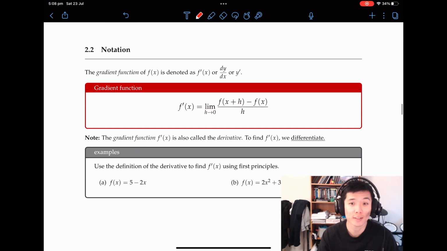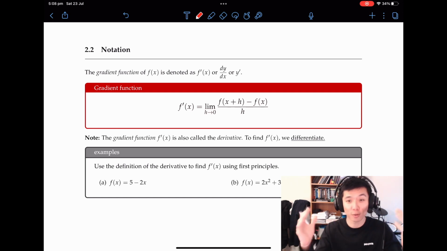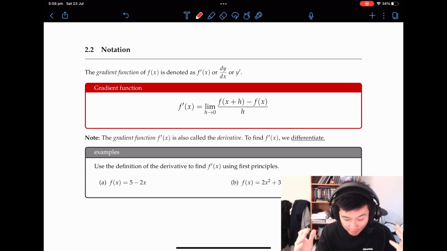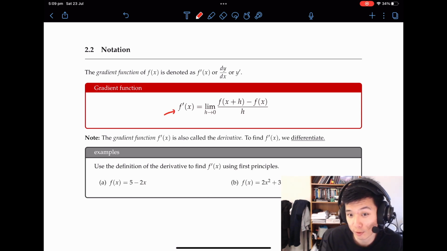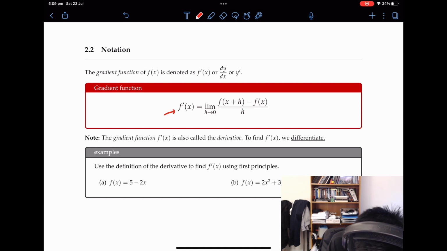So we've just reached this pretty groundbreaking definition that the gradient of our tangent, which is now what we call f dash of x, right? That's the gradient of our tangent. So when we say gradient function, what we really mean is the gradient of our tangent, right?